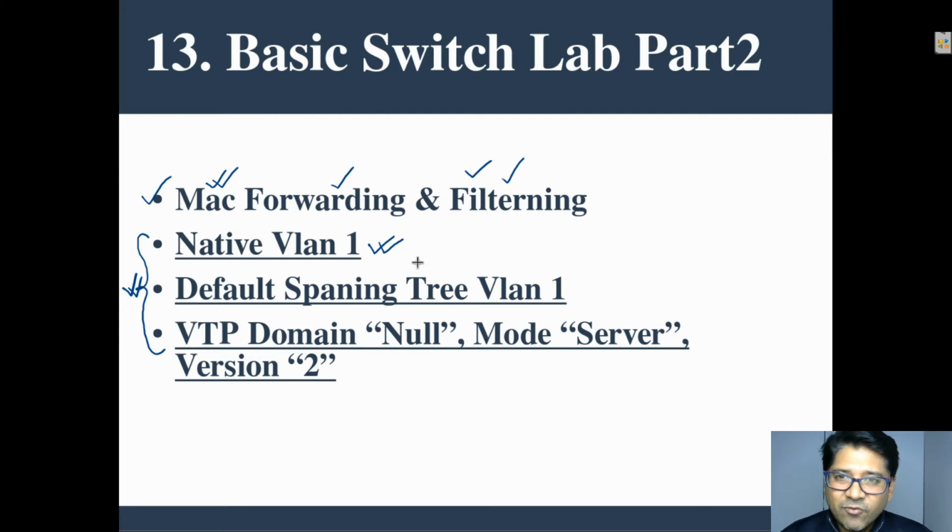It's the default, and we will verify what that is. That is of course VLAN 1. Then what about spanning tree? What is the status of the default spanning tree without any configuration deployed to the connected switch?